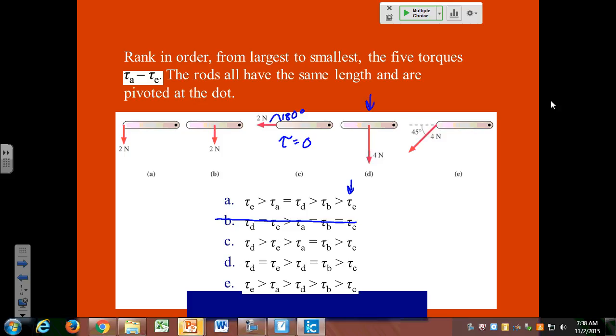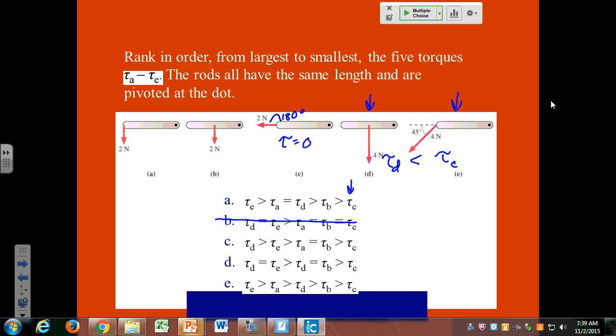The biggest is going to be either this one or this one. It's just a matter of whether the sine of 45 degrees is bigger or smaller than 1/2. Sine of 45 is 0.7, or root 2 over 2, so it is bigger than 1/2. So the torque due to E is going to be bigger than the torque due to D.